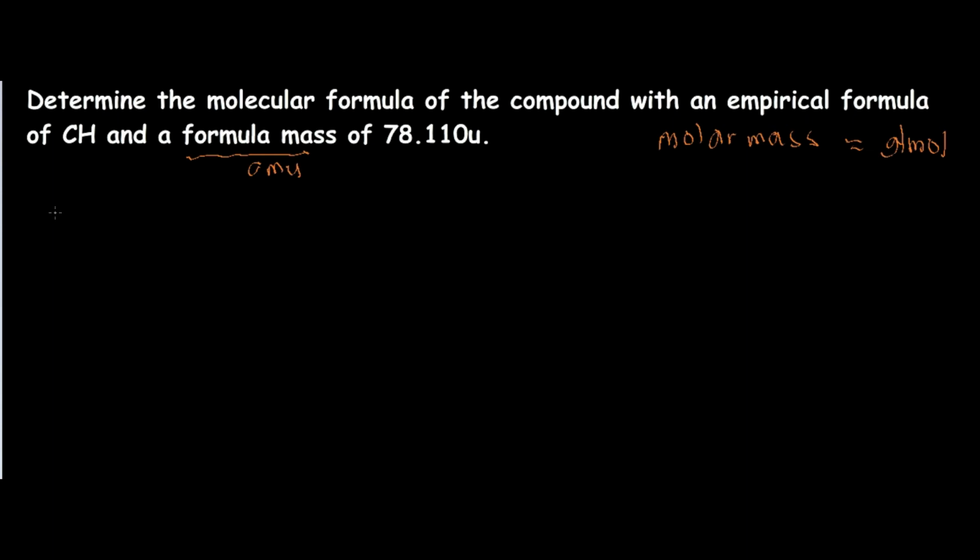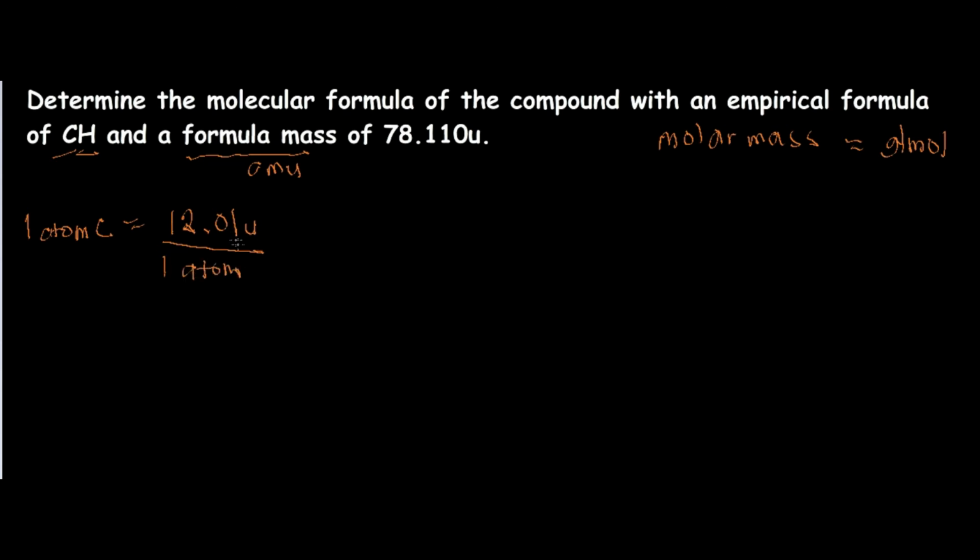Okay, so what you have to do here is to get the number of units of each atom. So you have carbon and hydrogen. So carbon, one atom of carbon is equal to 12.01 units over one atom.